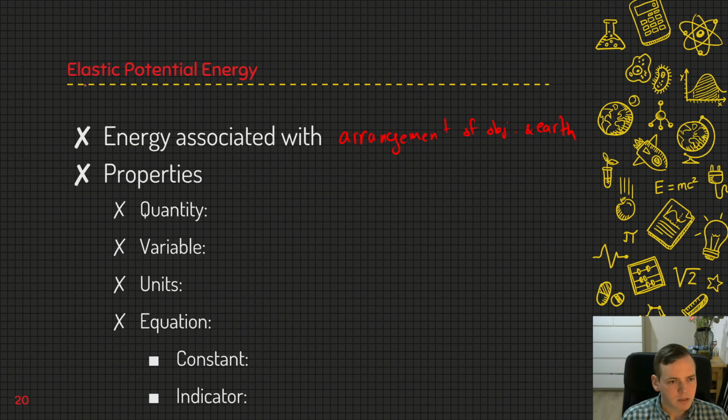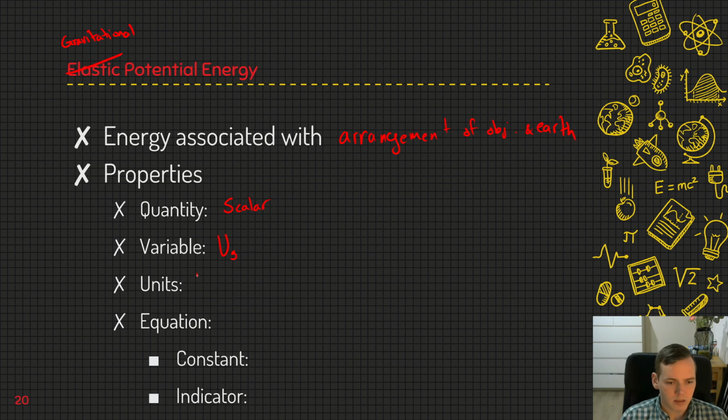And the properties, that's a typo up there from when I copy pasted. I should say gravitational. So the properties, as with all energies, it's a scalar quantity. The variable we're going to use for gravity is UG. Just like with elastic potential energy, the U for the potential energy, and then the G to specify that it's gravity.